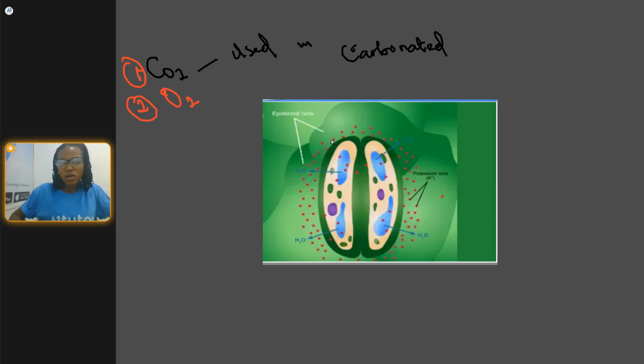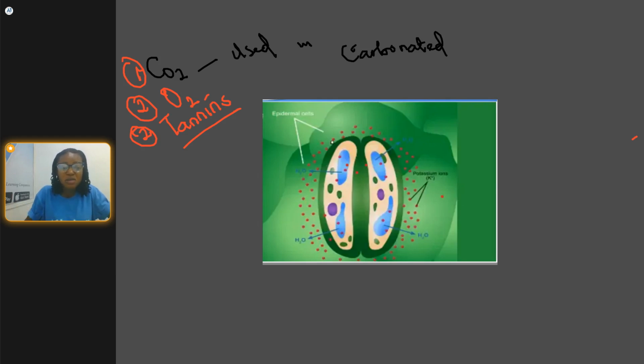Another product of plants is what we call tannins. The function of tannin: it is used in the leather industry to produce leather.